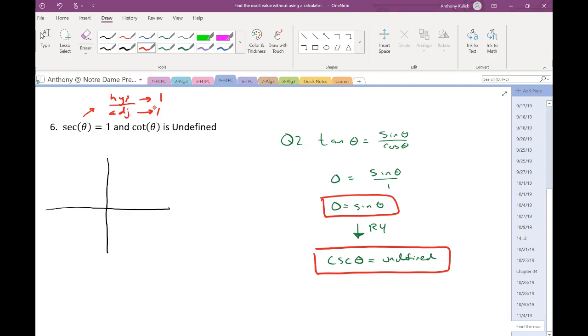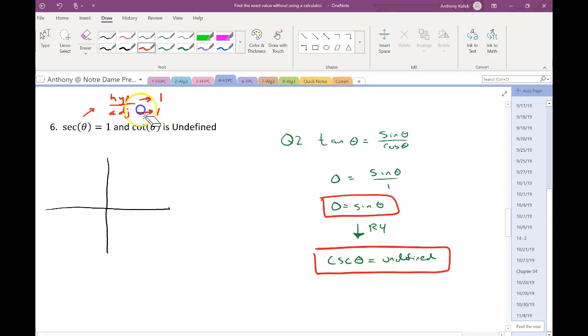Is it possible to draw a right triangle where one leg is the same length as the hypotenuse? No. So can we draw a reference triangle for this? No. What we can do, though, is use my unit circle definition to deal with this problem.